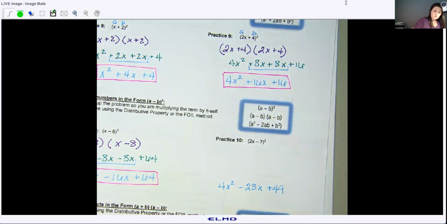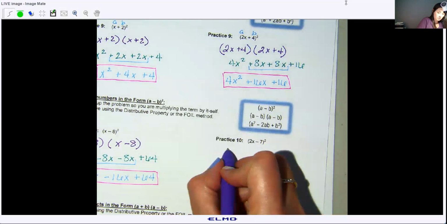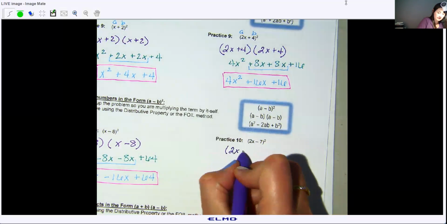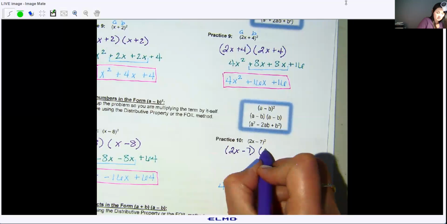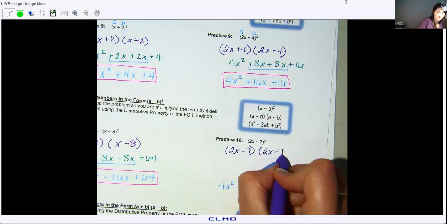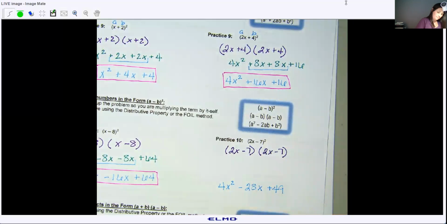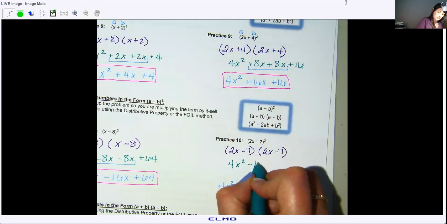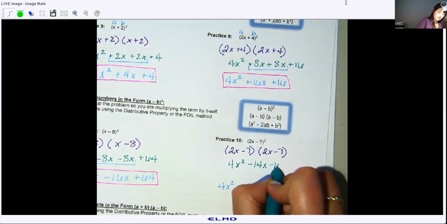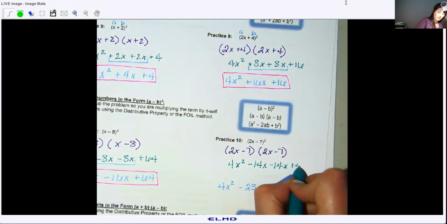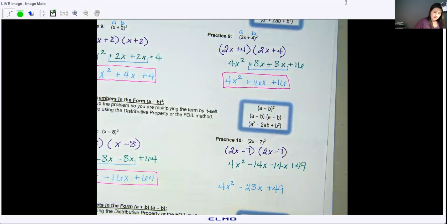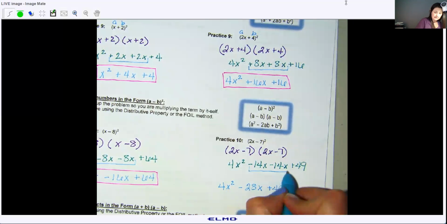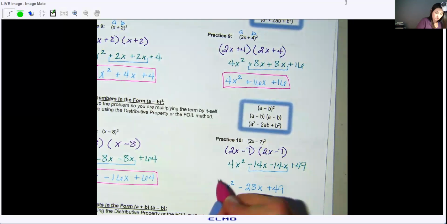Let's try this out and see if it works. 2x minus 7 times 2x minus 7 gives 4x squared minus 14x minus 14x plus 49. And look at that, that is the answer we got when we used the rule above.